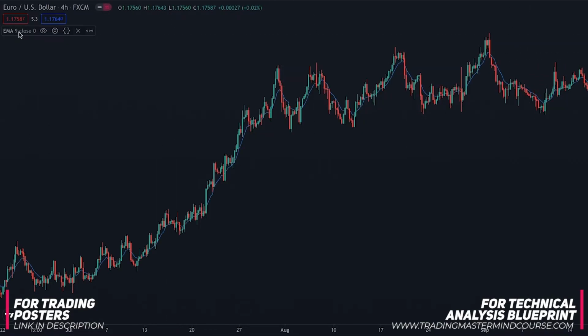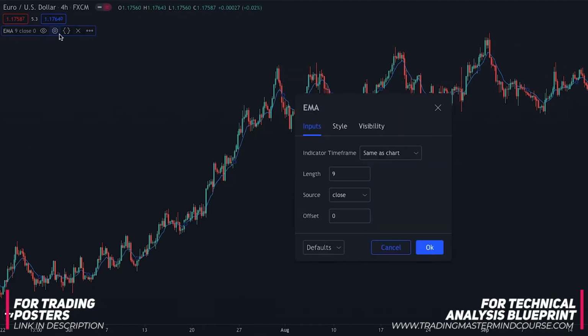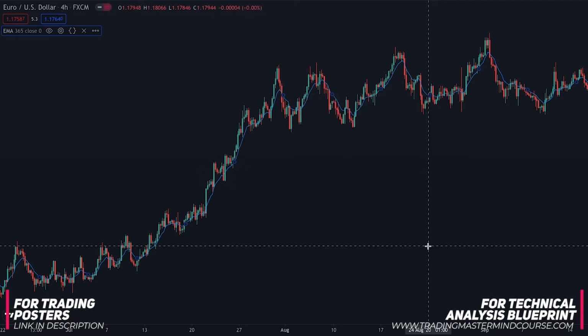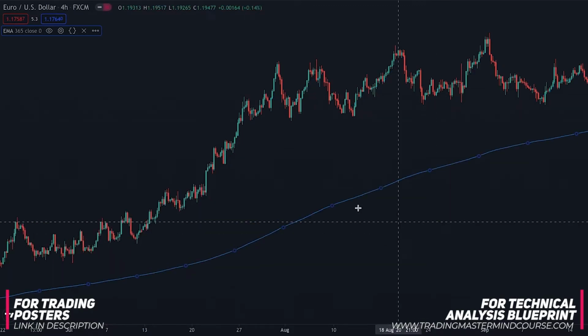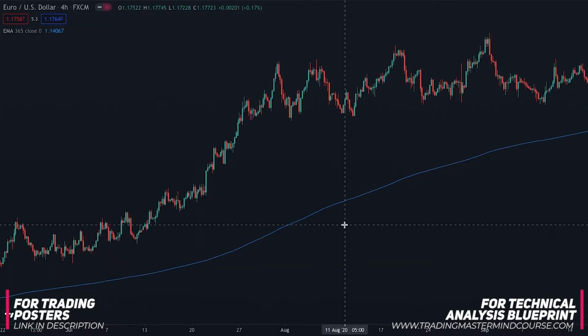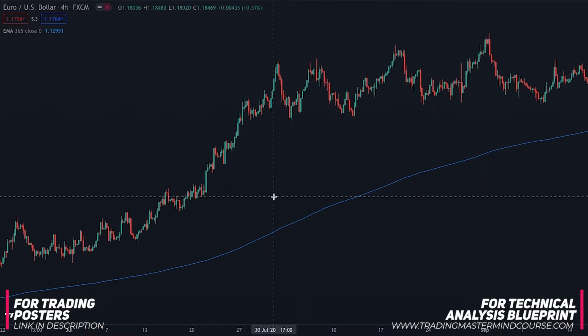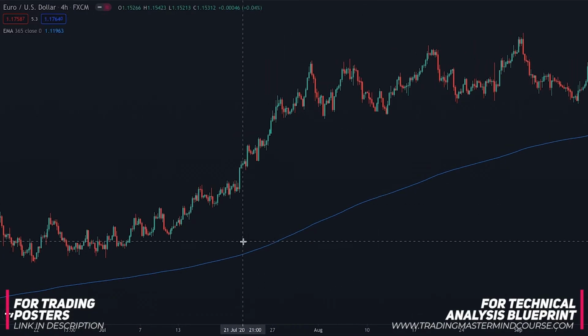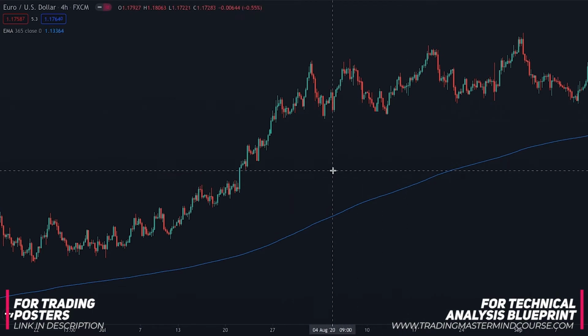The period that we are going to be using is a 365 period. What we are going to be doing is looking for a break and retest of this moving average.